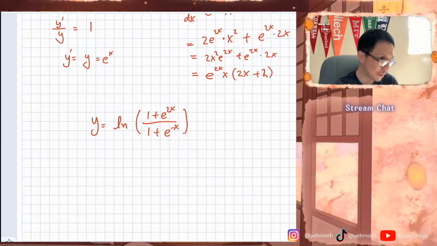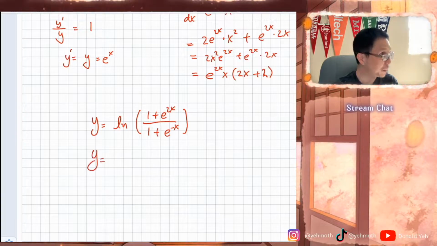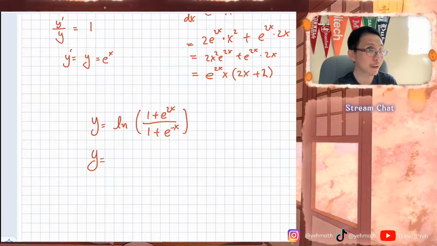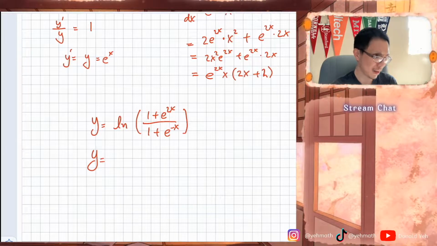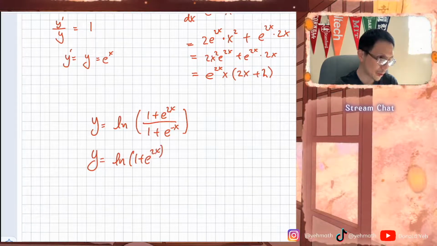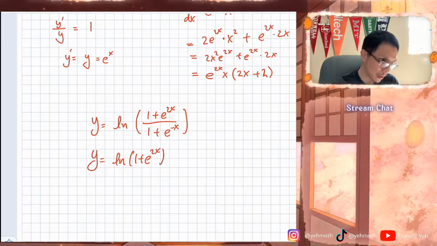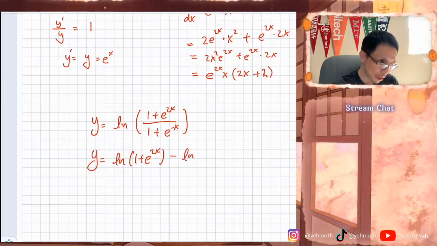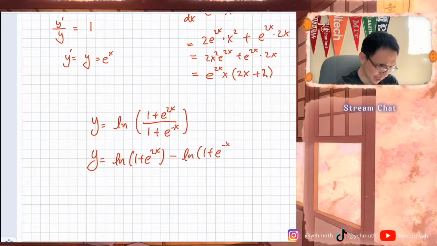Good. You can, using the logarithm property. Remember, always think of algebra before you do calculus. Does that make sense? So can I do this? Natural log of 1 plus e to the 2x, right? Minus natural log of 1 plus e to the negative x.